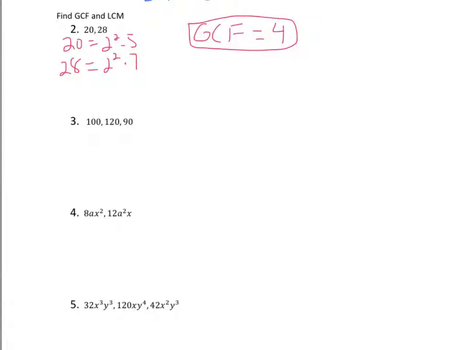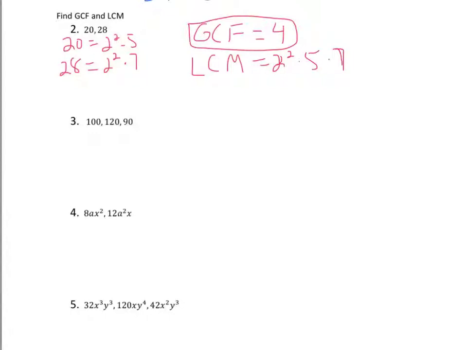All right, and then to find the least common multiple for this, you don't use just the common factors, you use all the factors. So we're going to have a 2, we're going to have a 5, we're going to have a 7. All right, you're going to use the biggest exponent that shows up. Obviously, it's still going to be just 2 squared. So you should have 2 squared times 5 times 7.